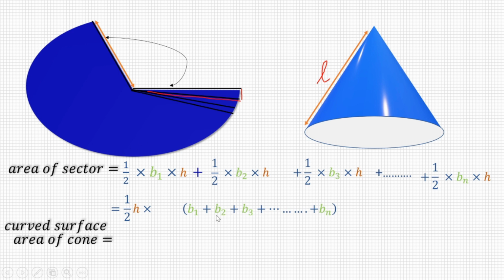And what does B1 plus B2 and so on become? Let's see. This is your B1, this is your B2, then B3, B4, B5, B6, B7, B8 and so on till here.